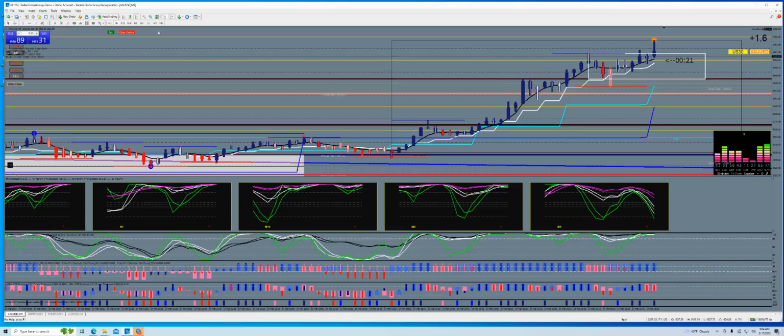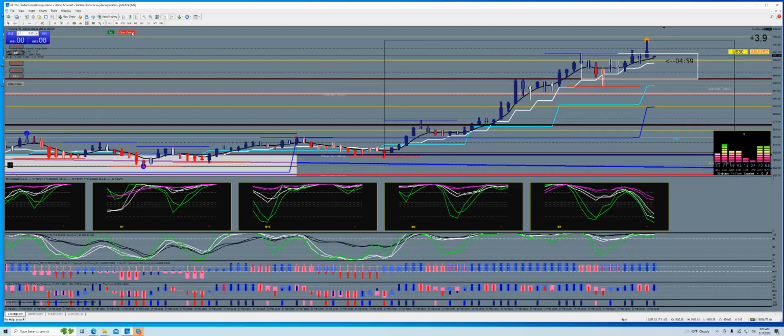Just putting in one trade. And I'll be getting out soon if this 5 minute doesn't start to turn.